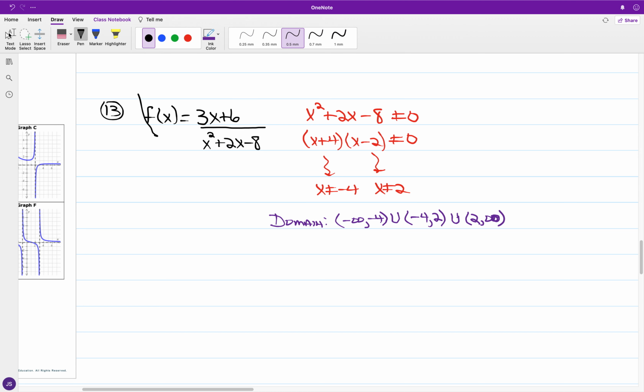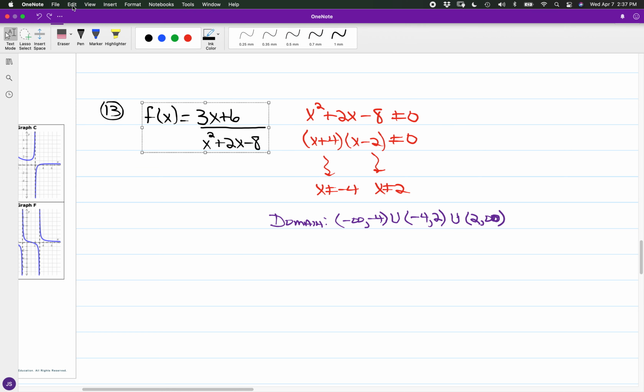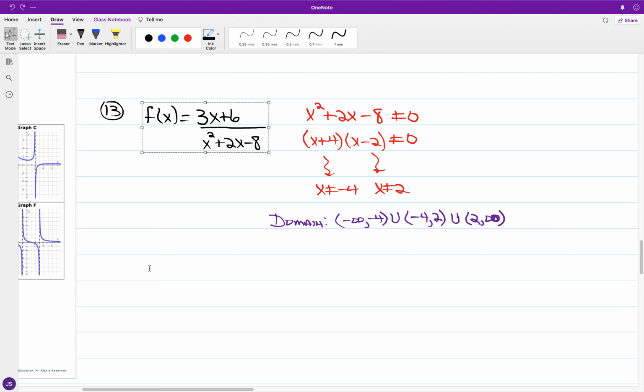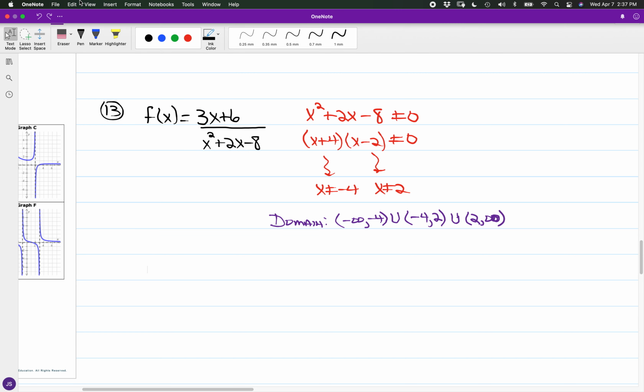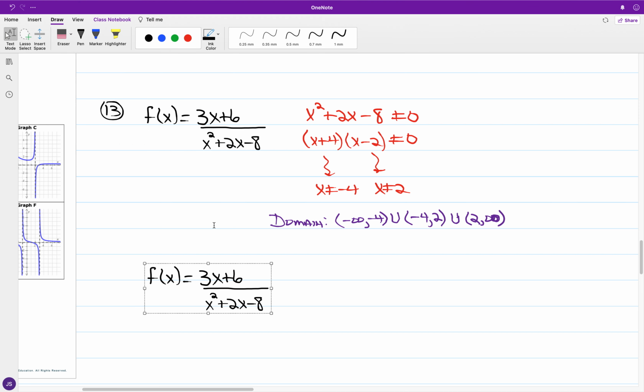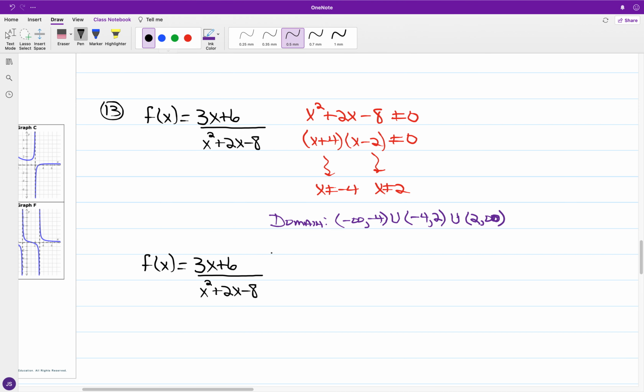And just looking at what we have and seeing if this function can be reduced or not. Okay, so we got 3x plus 6 all over x squared plus 2x minus 8.